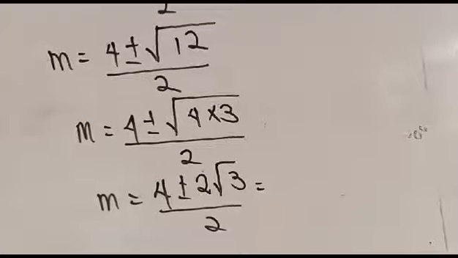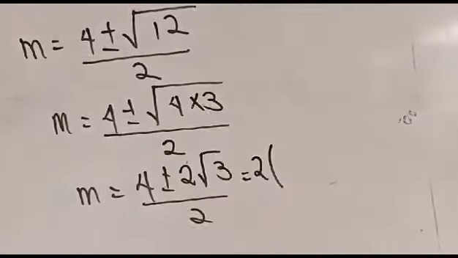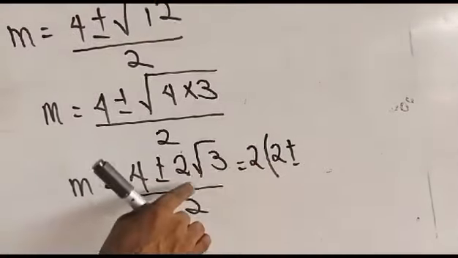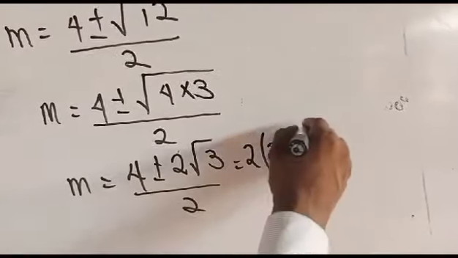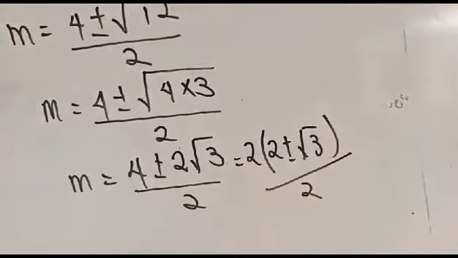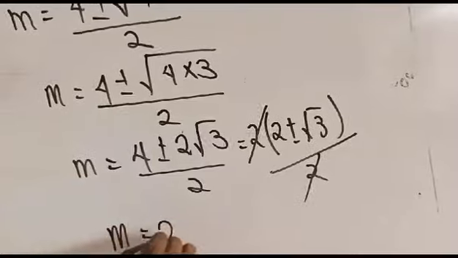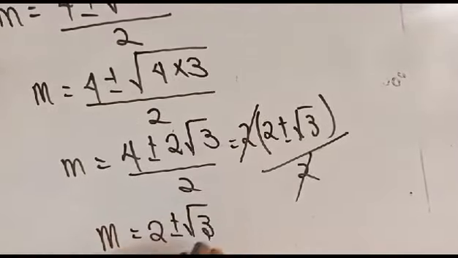What is common in the numerator? We have 2 as a common factor. If I remove 2 from here as a factor, I'm left with 2 plus or minus; if I remove 2 from here, I'm just left with root 3, over 2. So these 2 can cancel these 2. I'm left with m as 2 plus or minus root 3.